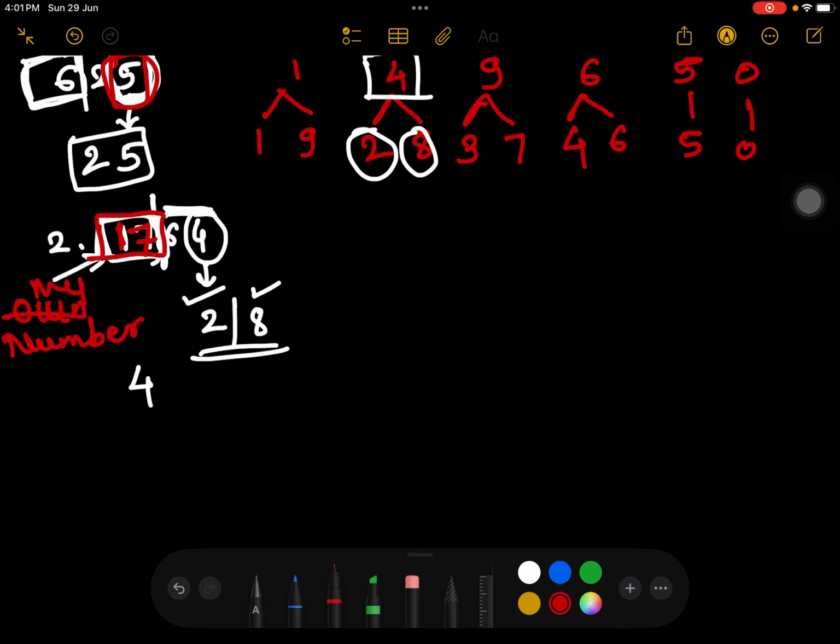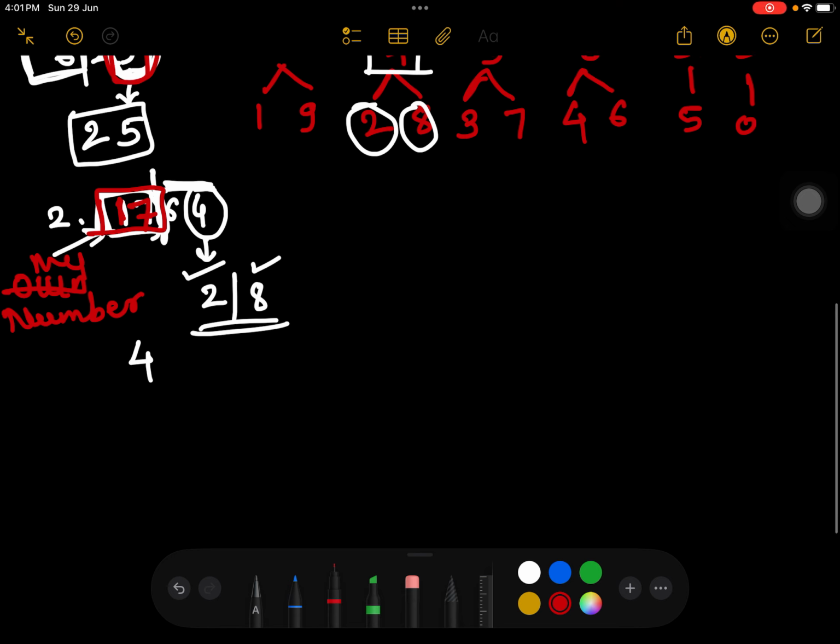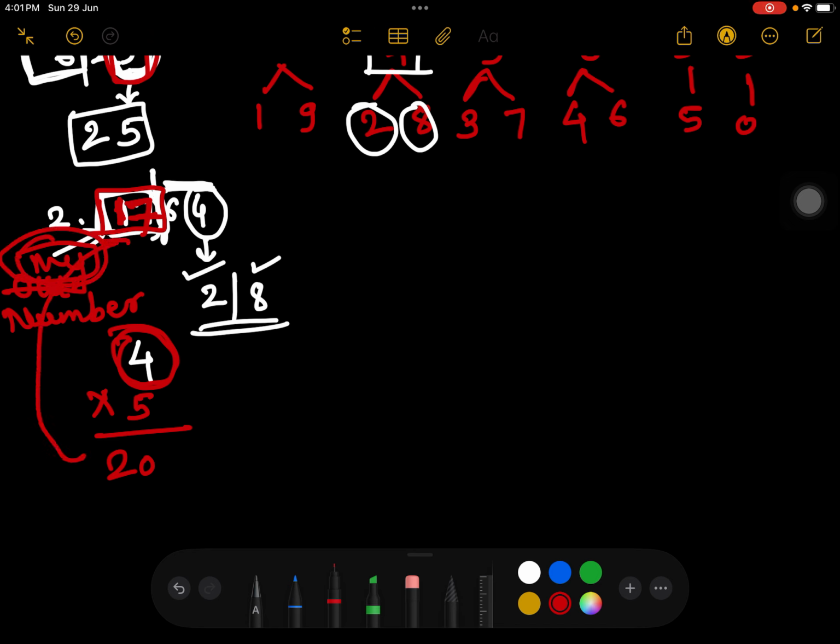Multiply 4 with the next upcoming number, 5, and the answer is 20. Is my number smaller or bigger than this? 17 is smaller than 20. Therefore, we take the smaller digit, and the answer is 42.